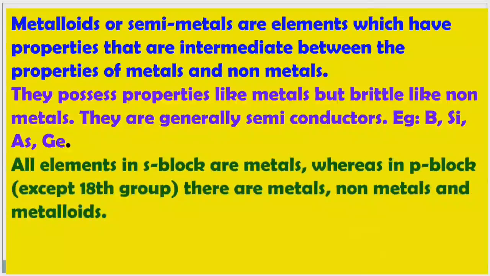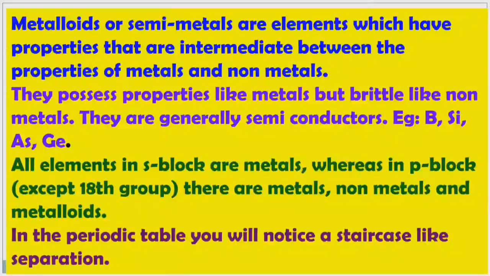All the S block elements are metals. Whereas in the P block, as we already discussed, there are some metals, some non-metals, and a few metalloids. In the periodic table, you will notice a staircase-like separation.